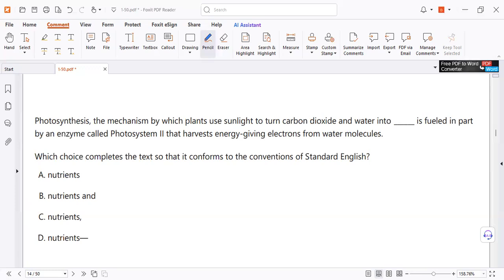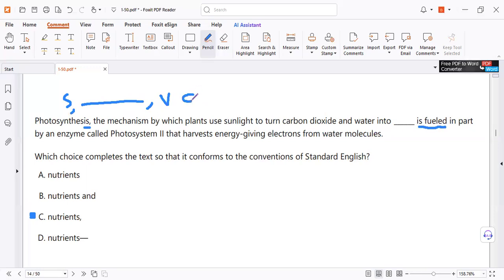Letter C. Why are you hesitant? Let's follow the rules. Subject, comma, positive information, verb.